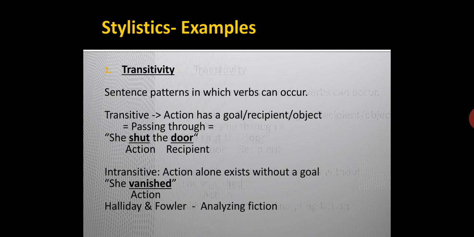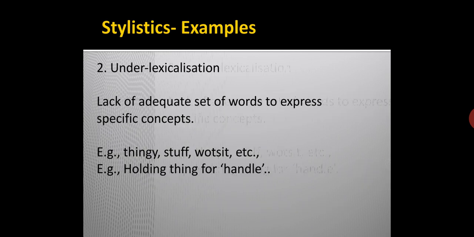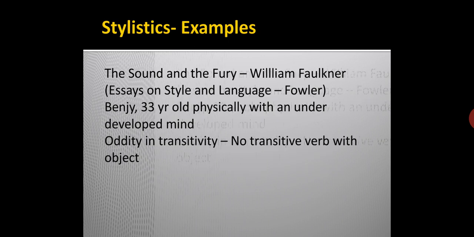There is ample use of an oddity in transitivity, and also a great deal of underlexicalization, wherein a couple of words that are not very specific, a couple of very general words, are used to express a certain idea or a thought or an image or an object in Benji's case.